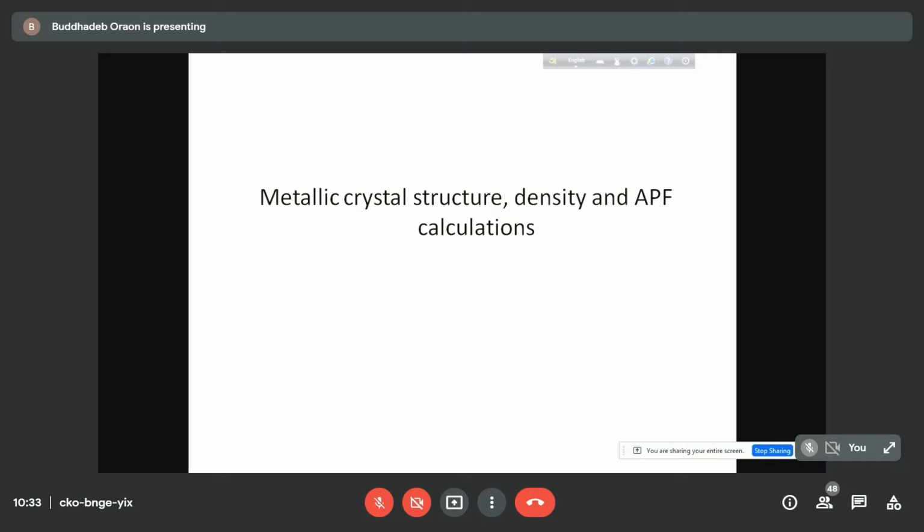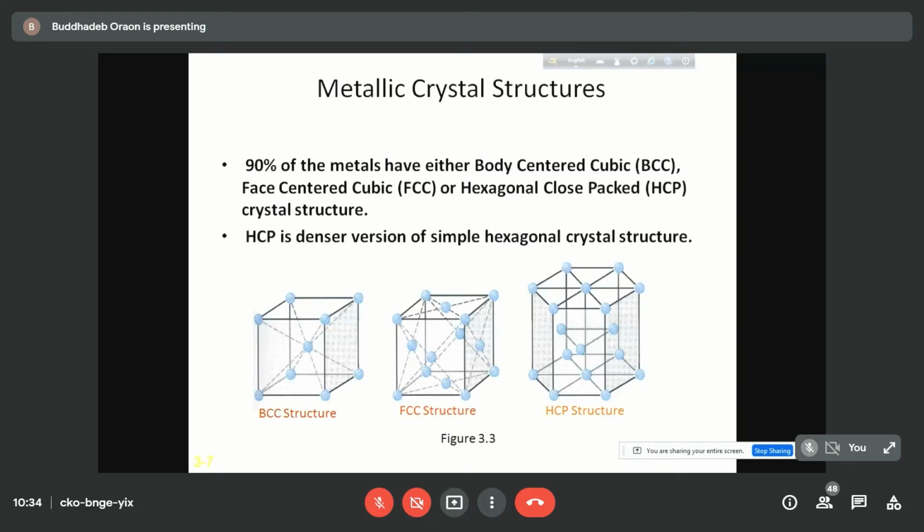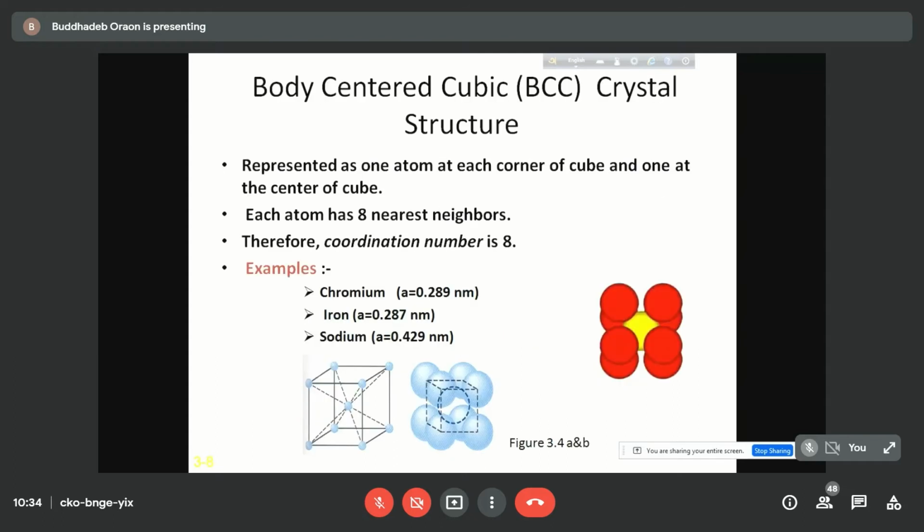Now, metallic crystal structure, density and APF calculations, these are repetitions for you. So I will just quickly glance through this. If I send the slides, you can study yourself. So we will not give more time here. Just see here, these are known to you.